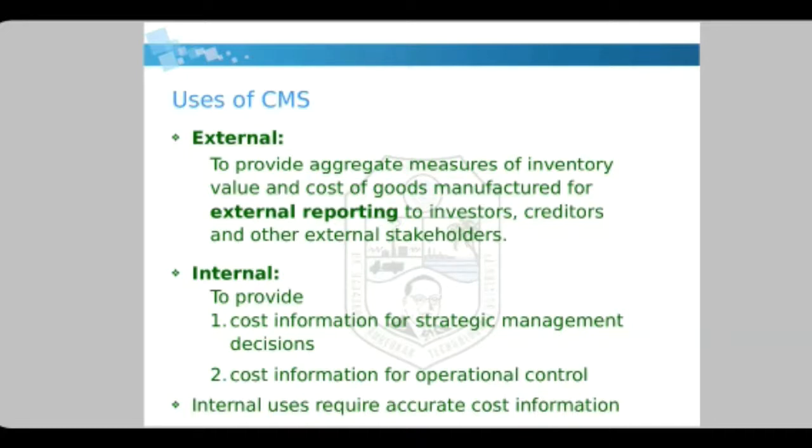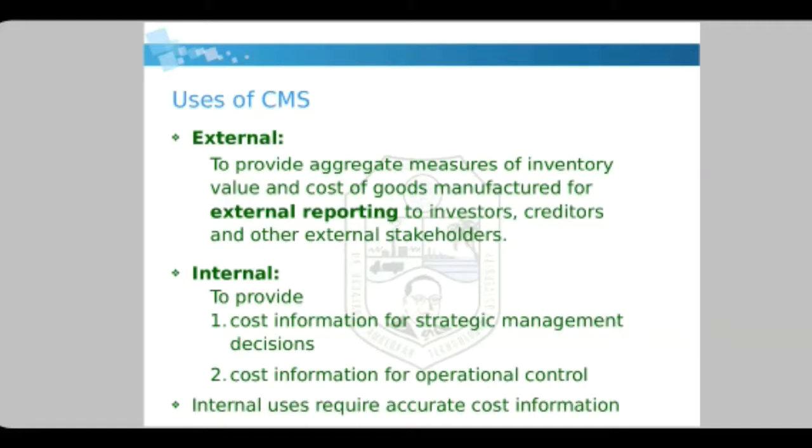For example, if there is a company and that company wants a loan from the bank, then that company needs to give all its cost management system or all its total cost to the bank, so that the bank will assess its resources, its overall cost, and decide whether that particular company is eligible for the loan or not.